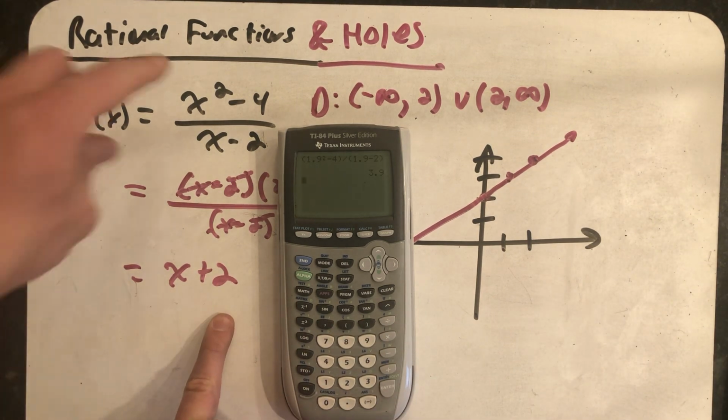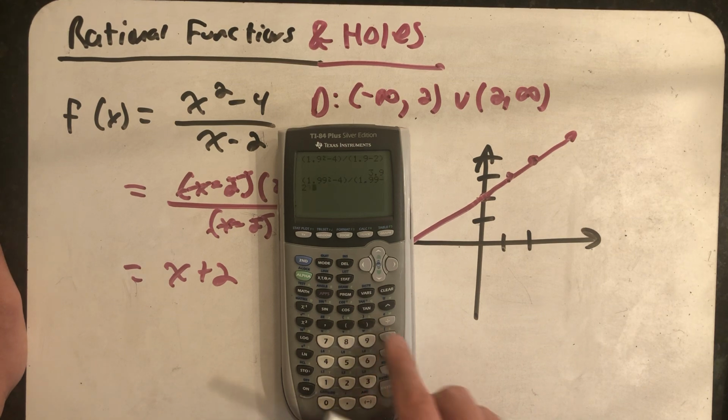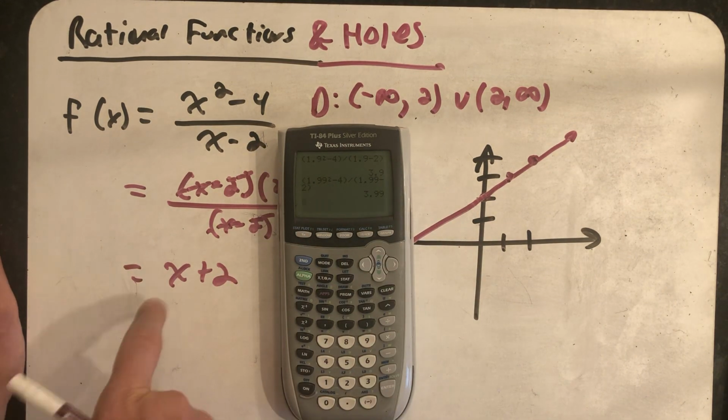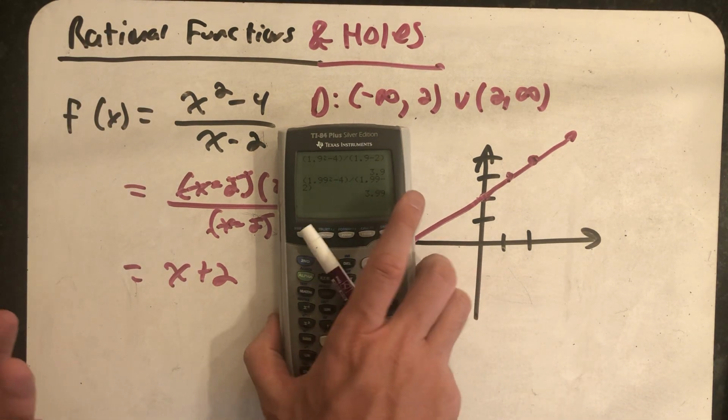Plug 1.9 in, and even if I was to plug in 1.99, something really close to 2, I'm going to get 3.99, because both the formulas give me the same value. The only thing I'm not allowed to plug in is 2.